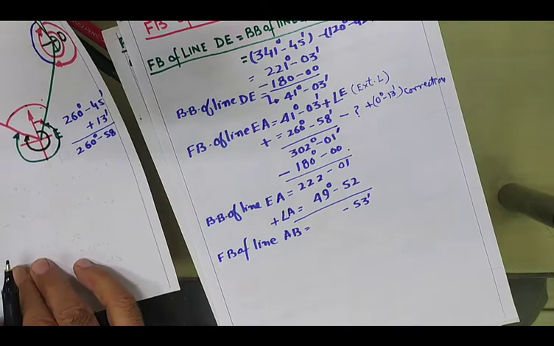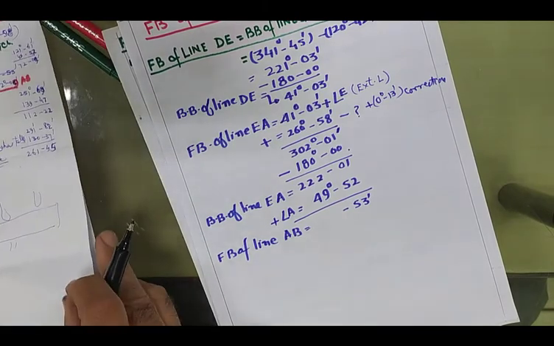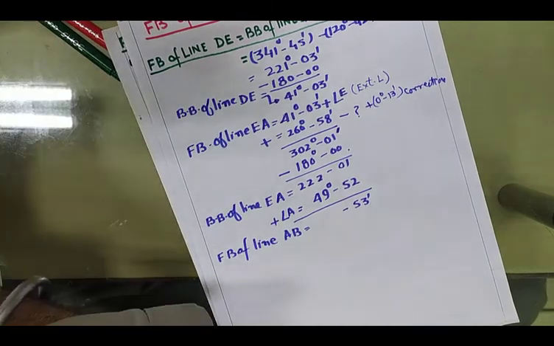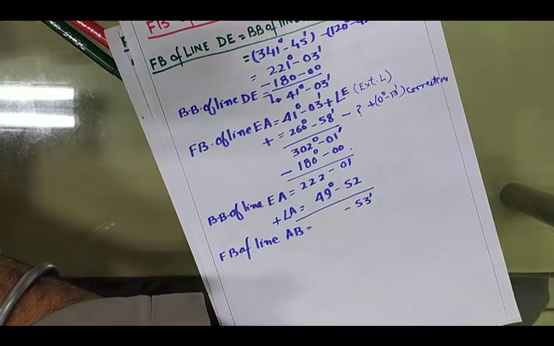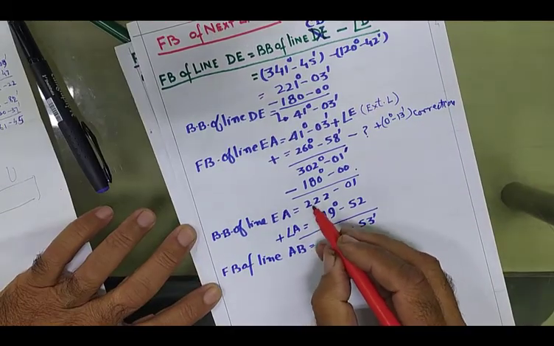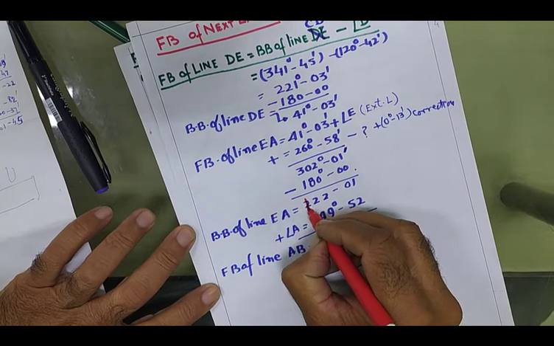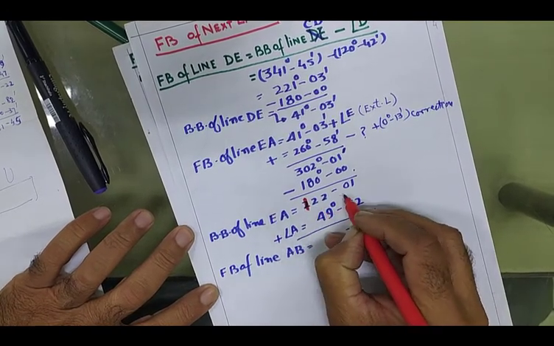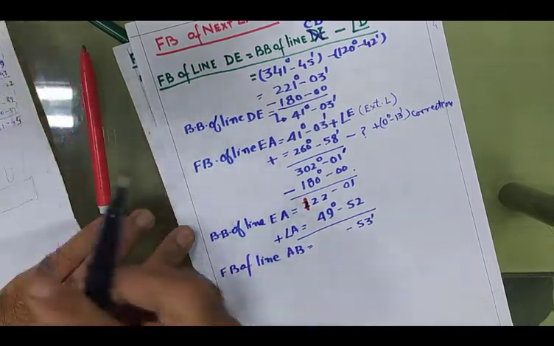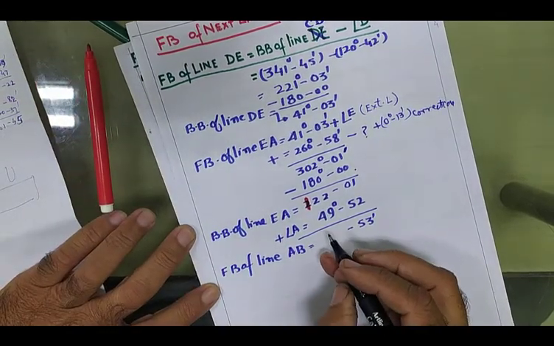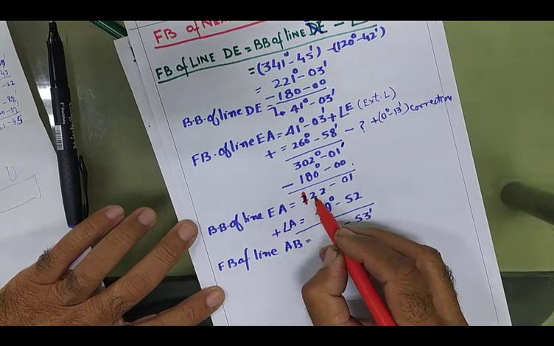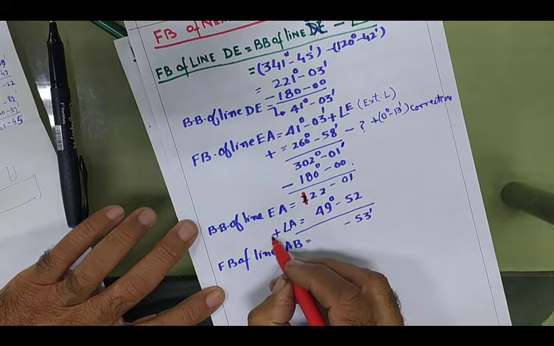Here is a mistake over here. This comes to be 122 degrees, sorry, 122 degrees 1 minute. So the back bearing of line EA is equal to 122 degrees 1 minute. Here you deduct this angle A.